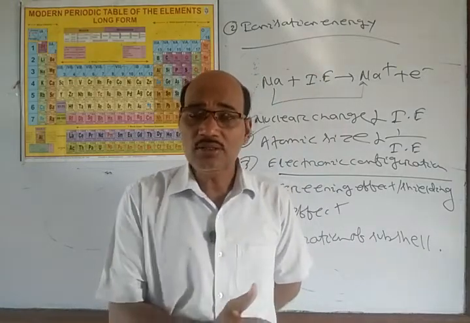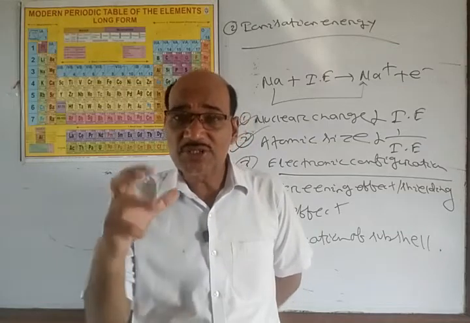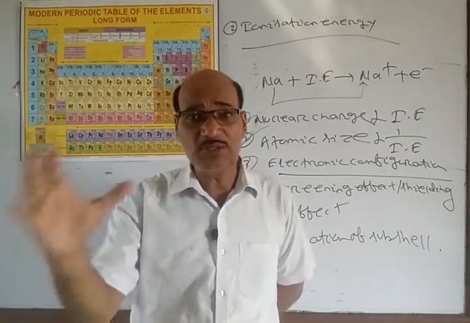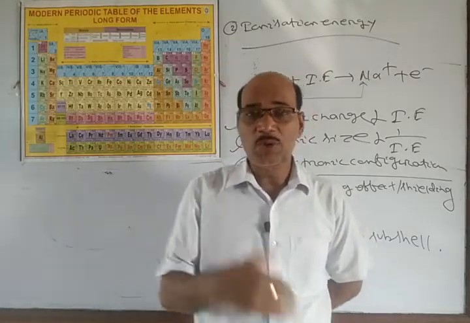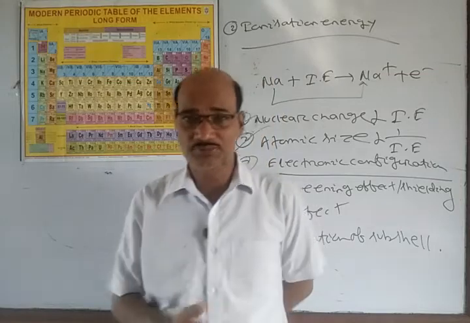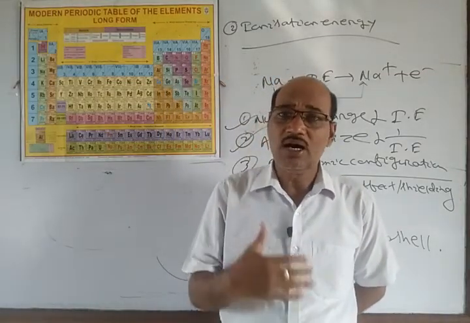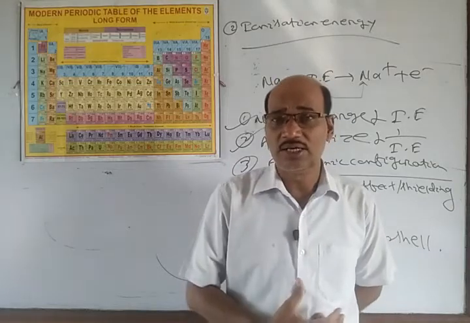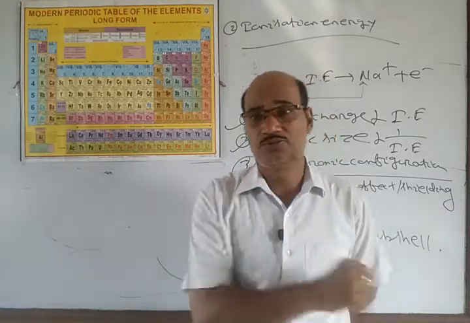Suppose if 6 electrons are there in the p subshell, it is completely filled. If 2 electrons are there in the s subshell, it is completely filled. So, atoms are always trying to have the stable electronic configuration.